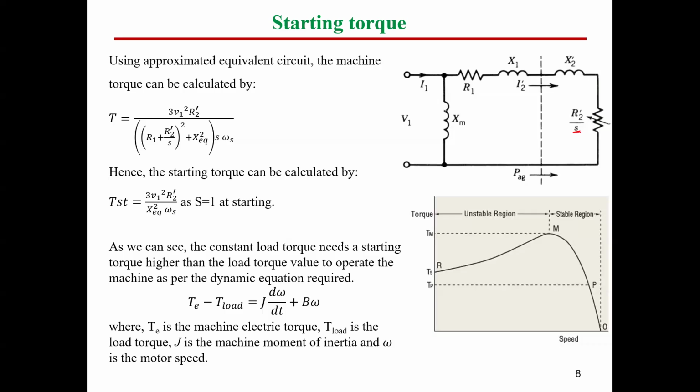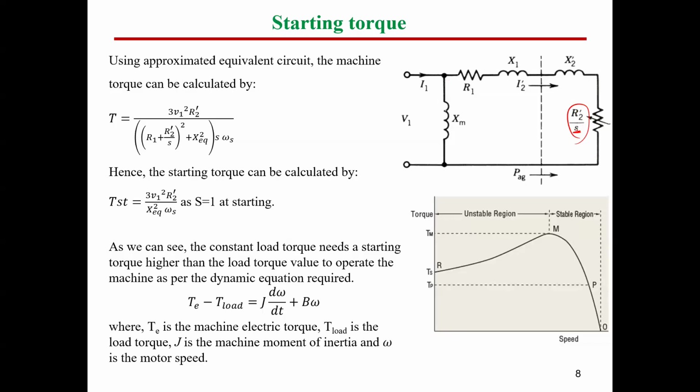So if S is very small, this means the resistance R2 prime divided by S is going to be very high, and having this resistance very high, this will allow a small current to flow in the circuit. This is for the small slip.